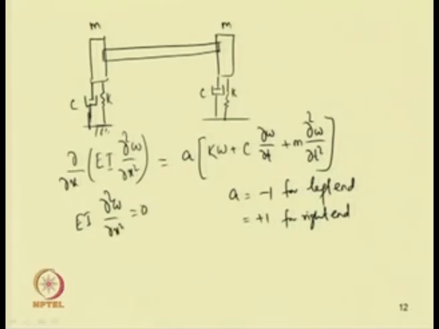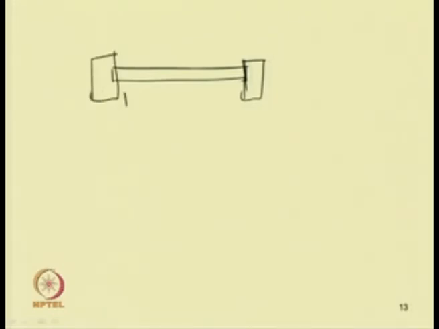Instead of taking this linear spring and damper, one can take a torsional spring and damper also. In this case, let us take a rotary mass also, a mass with moment of inertia I, and let us take a torsional spring and a torsional damper.